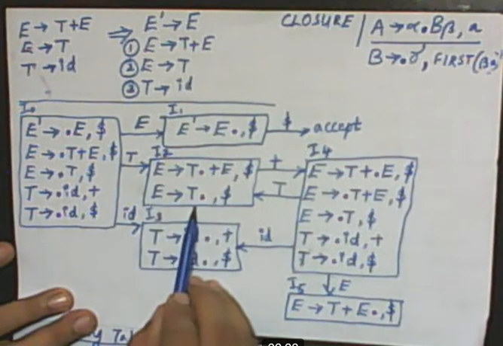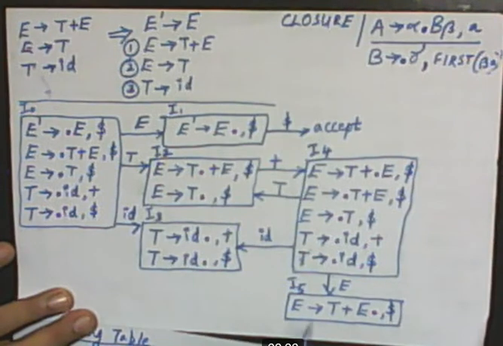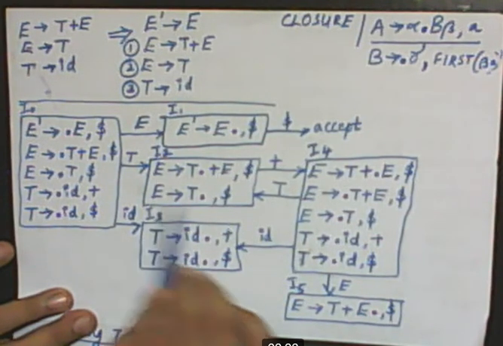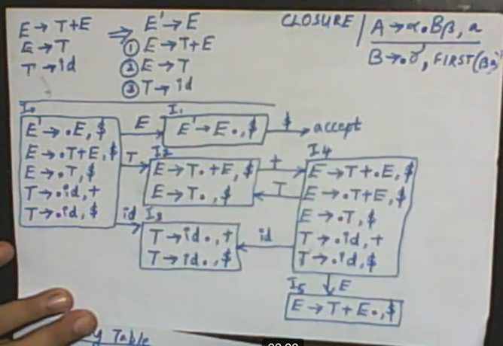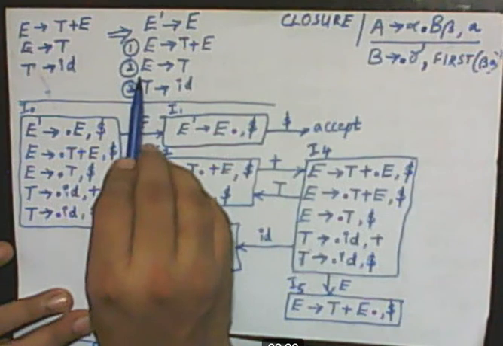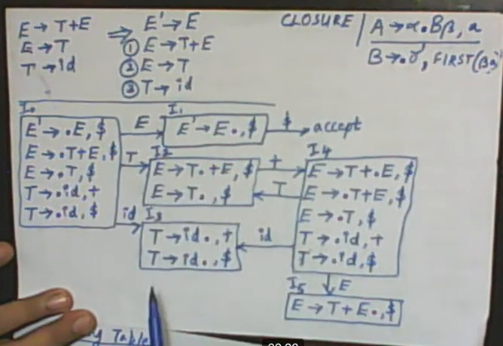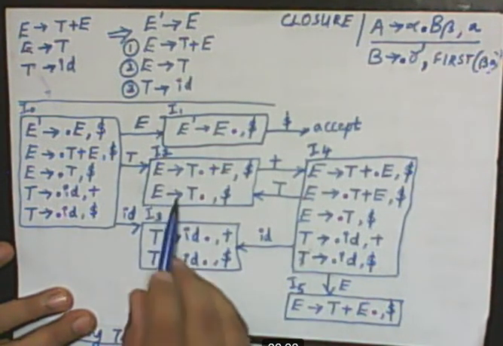So I2 is having an LR1 item with dot on the right end. I3 also is having, and I5 also is having. So you have to fill the rows for 2, 3 and 5. So for 2, what happens? E gives T dot. So which is the production? That is 2. So R2 needs to be filled across 2.